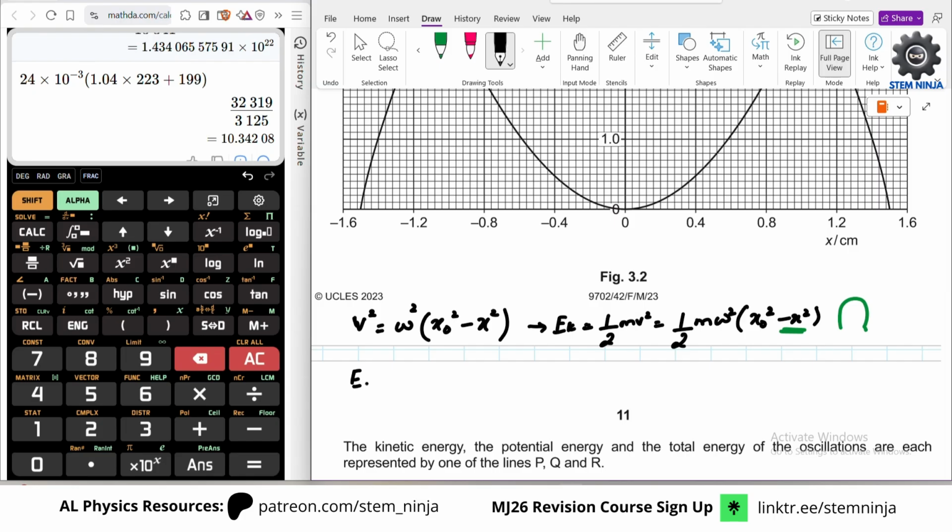Similarly, potential energy depends on the distance from the mean position, so it is simply half m omega squared x squared. That means this is simply quadratic.